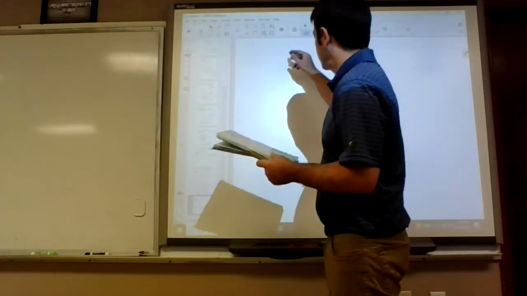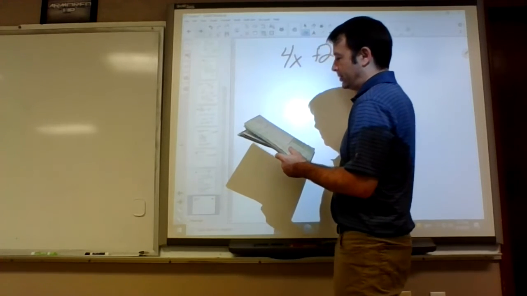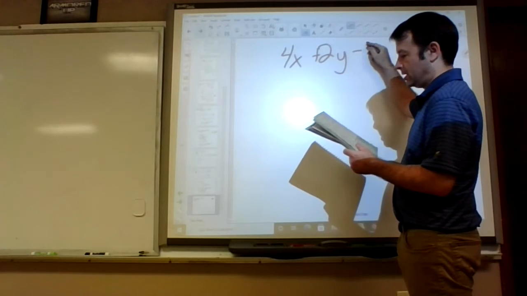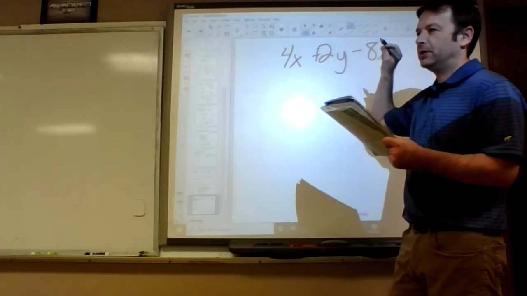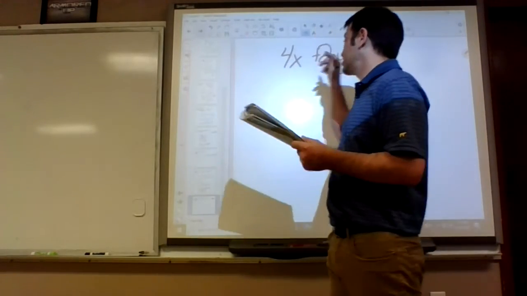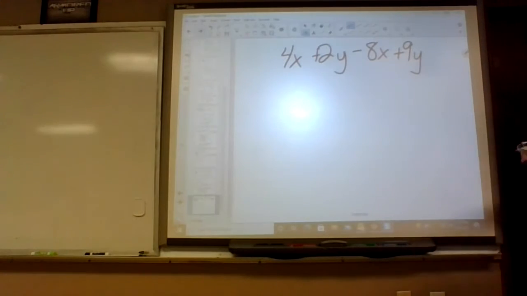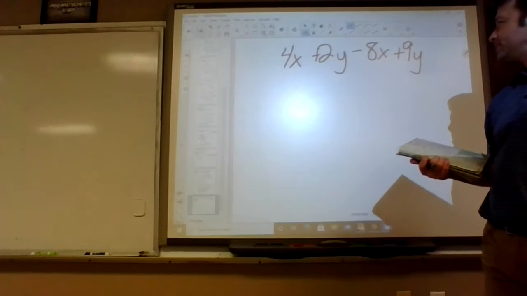I'm just going to look at the brackets right now. 4x plus 2y minus 8x, then minus 9y. No, or plus 9y. Why is it plus 9y? Because we're subtracting all the parentheses, not just the first part. So minus 9 becomes a plus 9.